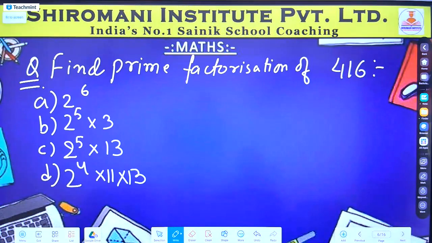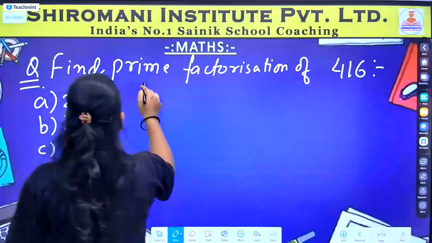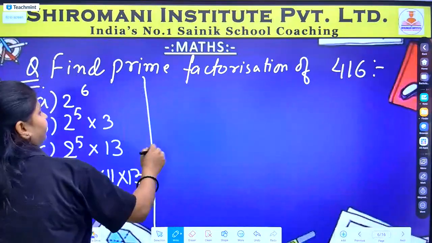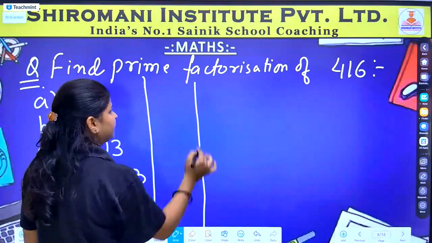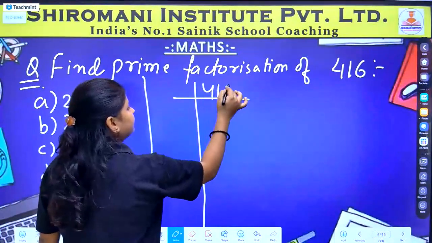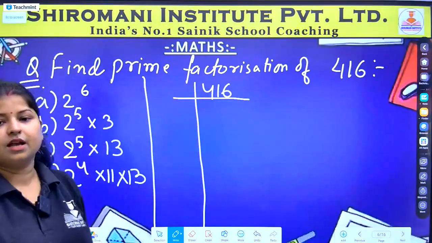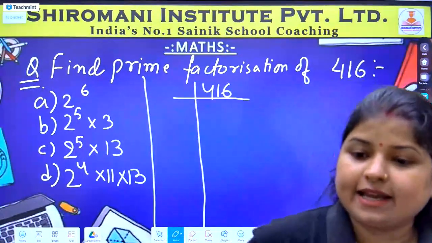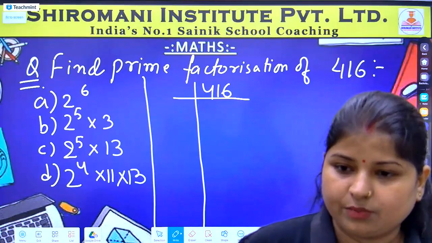Okay, let us see how we are going to do this. See, you have to prime factorize what? 416. 416 is an even number, right?